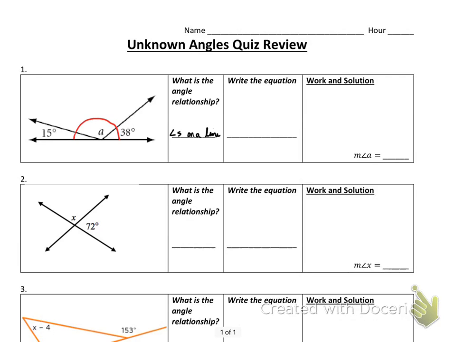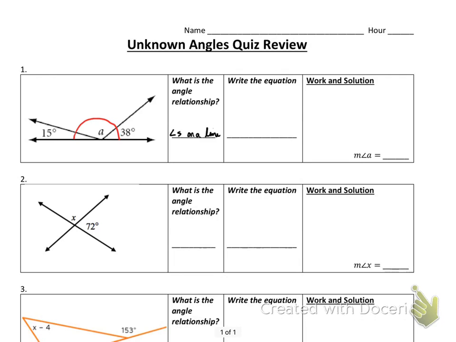Okay, so the equation here, angles in a line, are these congruent or do they add up to 180? They add up to 180. So I have an equation. It does matter how we set up the equation, but there are some different ways you could do it.